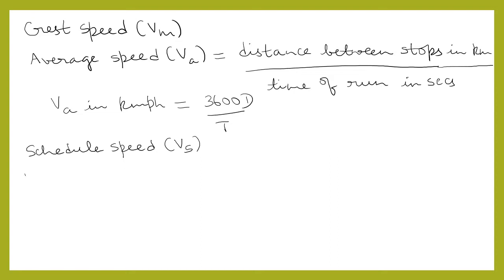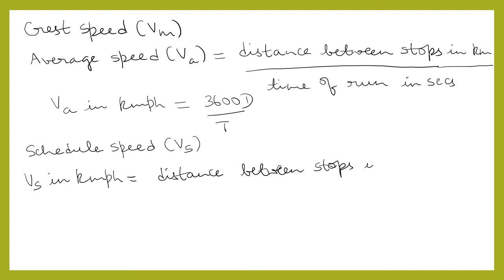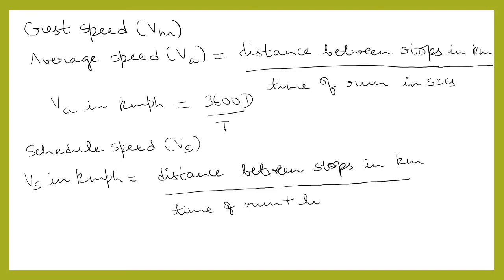So we have schedule speed Vs in kilometer per hour as distance between the stops in kilometer by the time of run plus the time of stop in seconds.